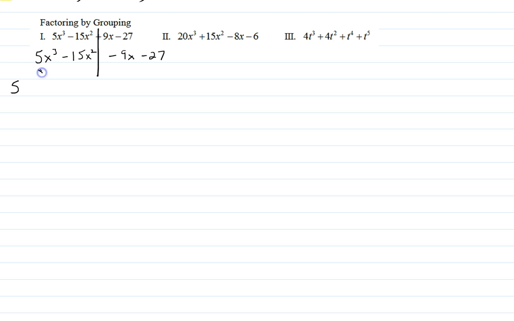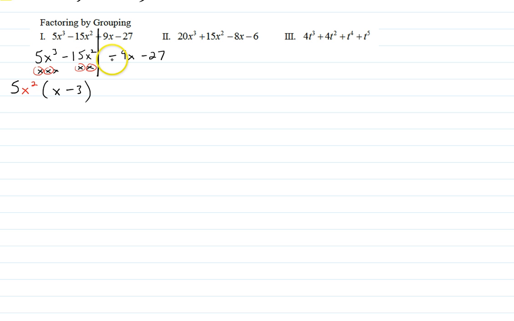This one has 3 x's. This one has 2 x's. So that means I can take out 2 x's. And so I'd have x squared. And so I'd be left with an x here. And then what times 5 gives us 15, so that'd be minus 3.